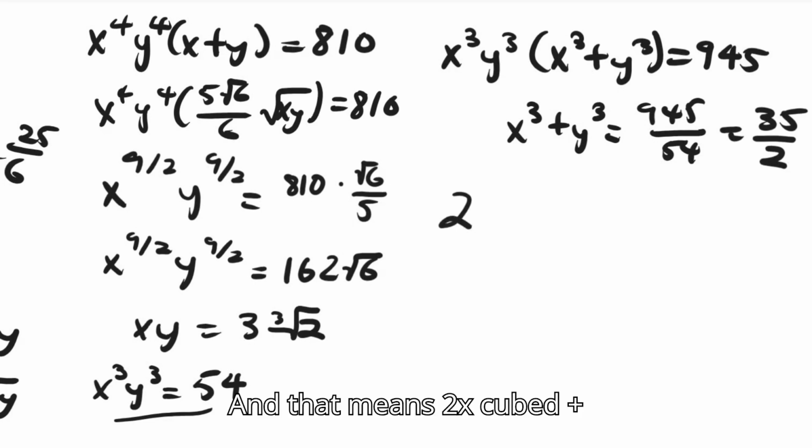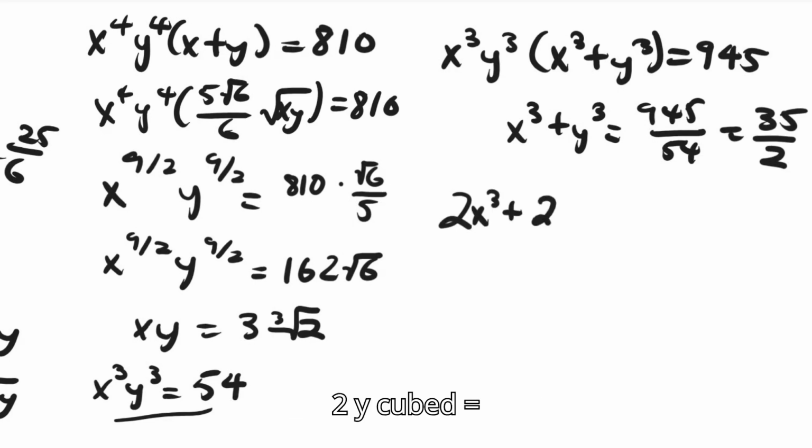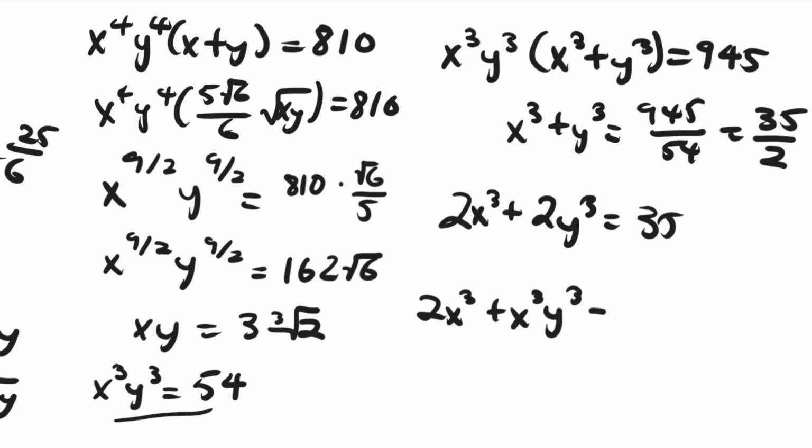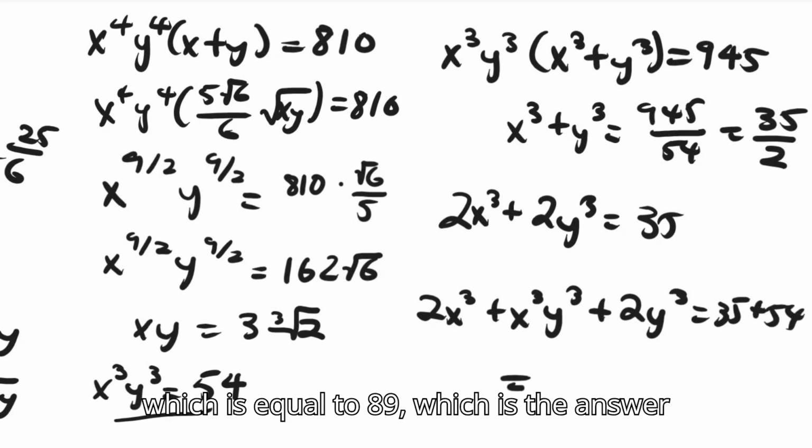And that means 2x cubed plus 2y cubed equals 35. So 2x cubed plus x cubed y cubed plus 2y cubed equals 35 plus 54, which is equal to 89, which is the answer to this problem.